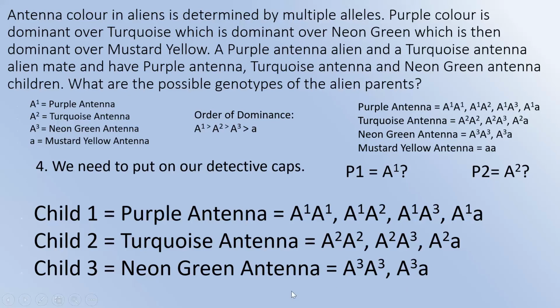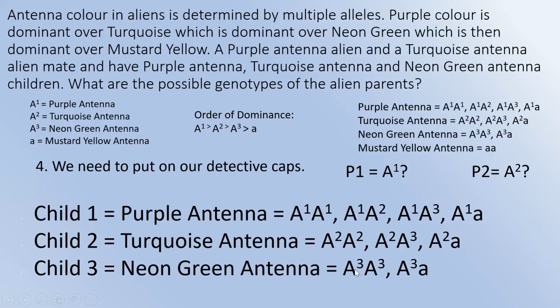But the easiest way to do this is to start from the bottom of the pyramid and work up, because these have more possibilities and they tell you less. The neon green tells us that we need to get at least one A3 allele passed on and potentially two, or it could be one A3 and one A. So remember, each of these alleles, one has to come from each parent.